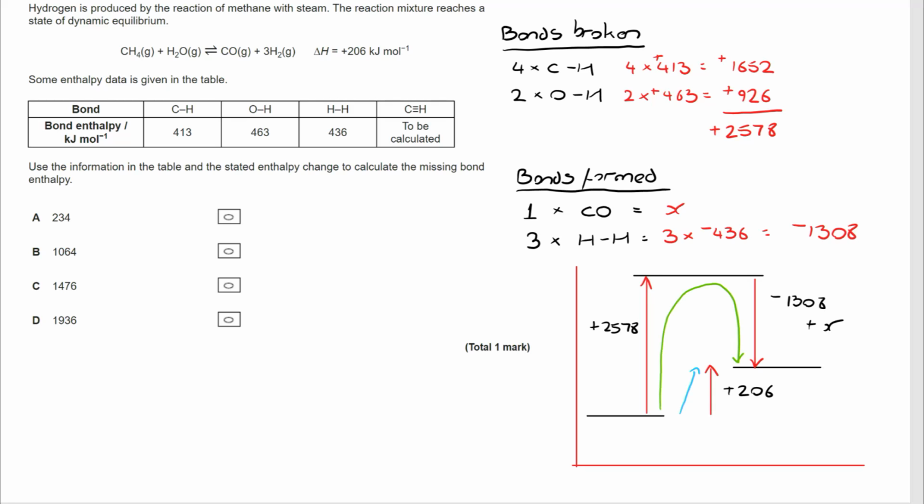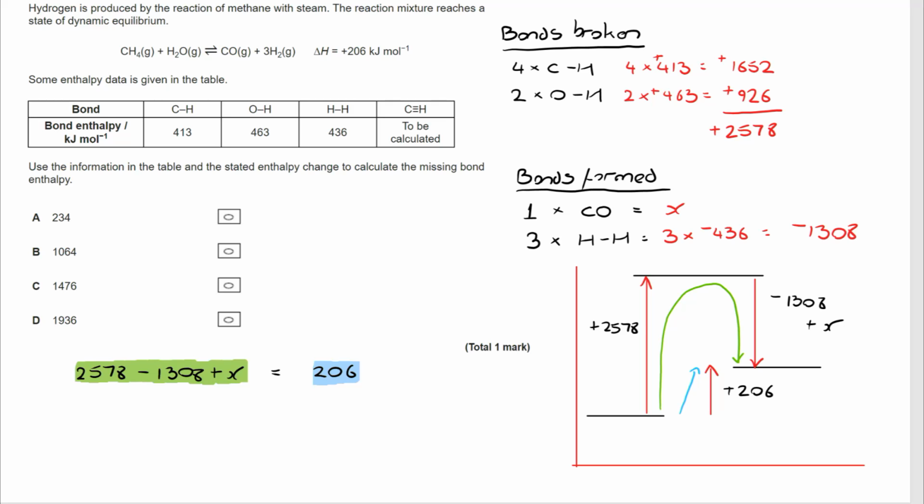So I've substituted all of those into an energetics cycle. I've got my 2578 going up, my negative 1308 plus X coming down, and my 206, and I've got my 2 routes. So my 2 routes, following Hess's law, that the overall energy change is the same whichever route is taken, and I get this.